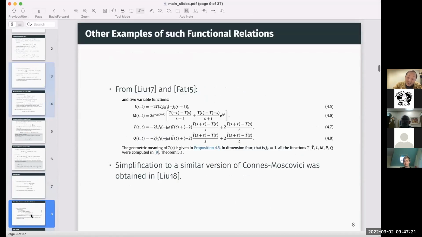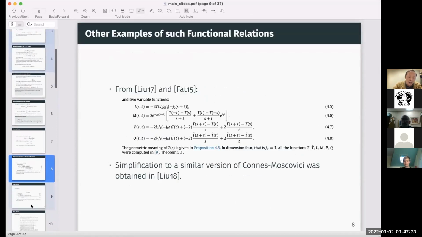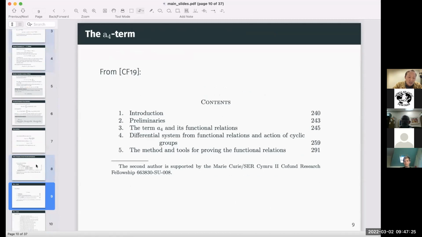In this case, 2 and 4 also reflect exactly the derivative involved. The A2 term involves exactly the second derivative of the metric, and the A4 term involves up to the fourth derivative of the metric. So one expects that the computation will be much more complicated.